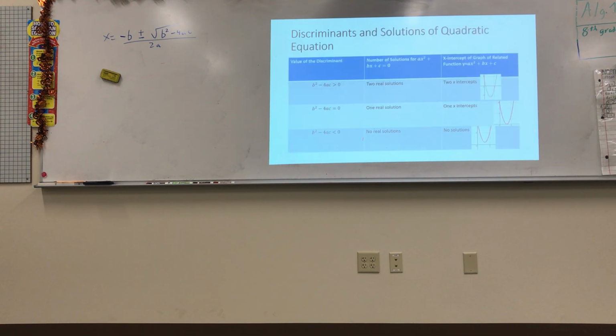If b to the second minus 4ac is greater than 0, you're going to have two solutions. If that number is equal to 0, then you're going to have one, and if b to the second minus 4ac is less than 0, you have no solution.